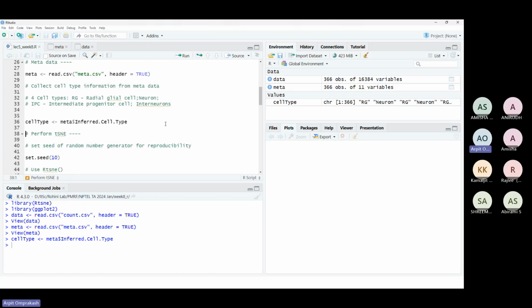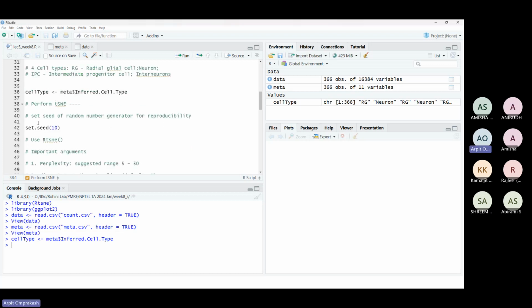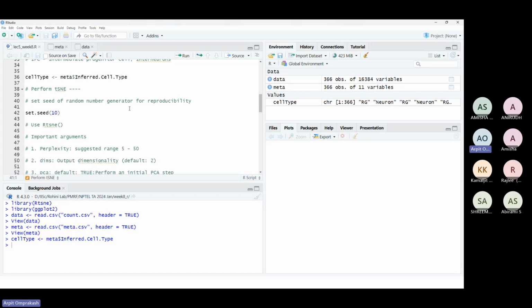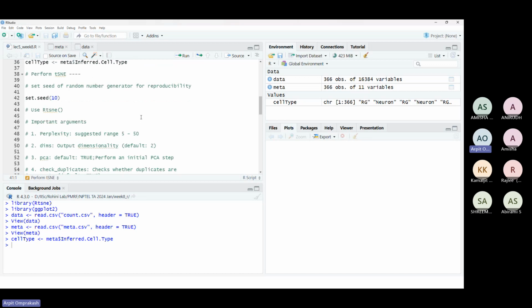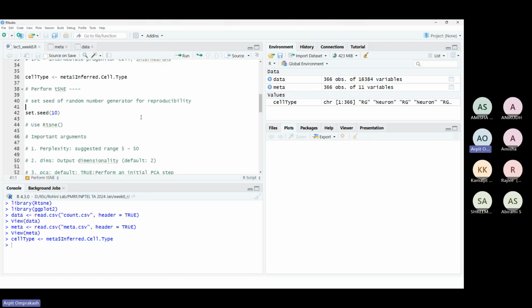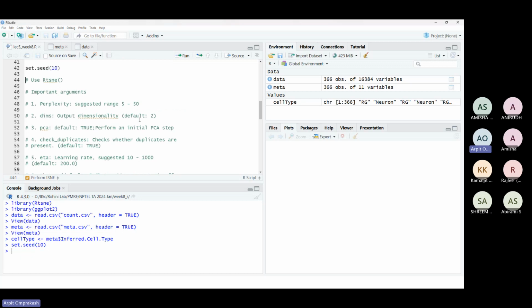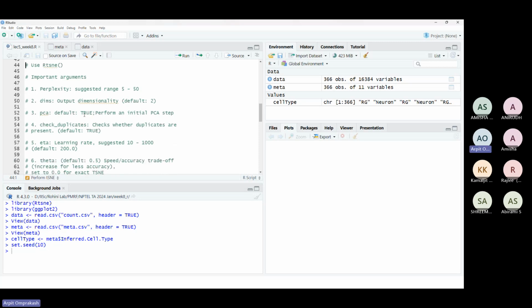Okay. Then what we are doing is setting the seed of the random number generator. So when you want to carry out analysis that is reproducible, you set a seed so that R will generate the same random numbers every time you run the code, and you will have the same model. You won't have any variation. Okay, it's a good practice to do that when you're working.